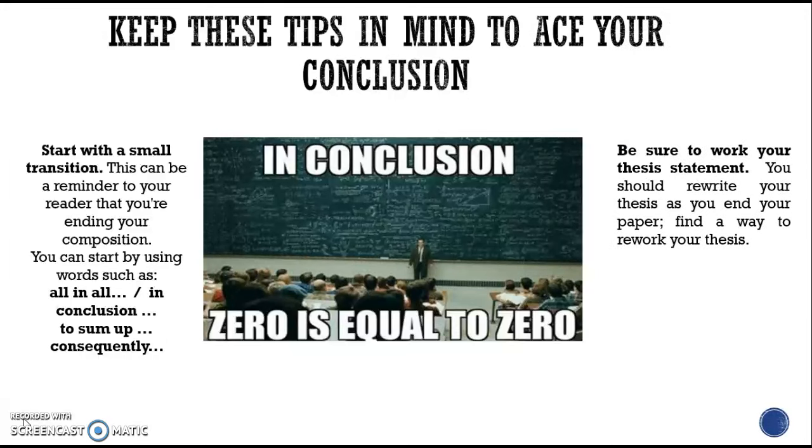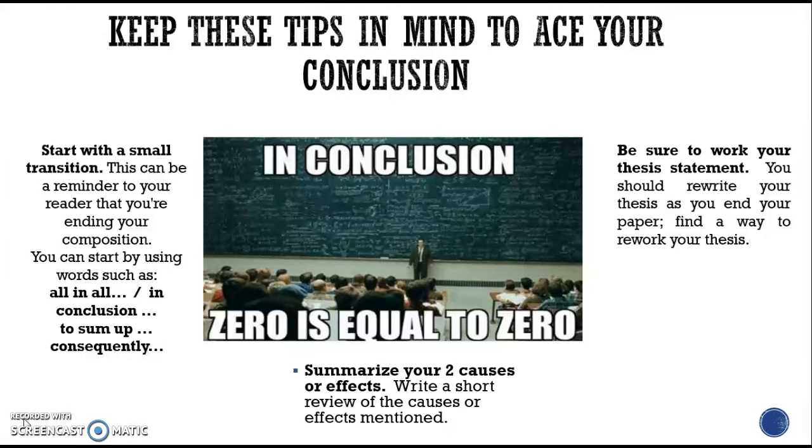Also, be sure to rework your thesis statement. You should rewrite your thesis as you end your paper. Find a way to rework your thesis. And finally, summarize your two causes or effects. You need to write a short review of the causes or effects mentioned.